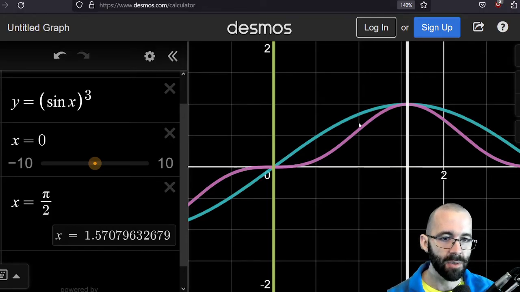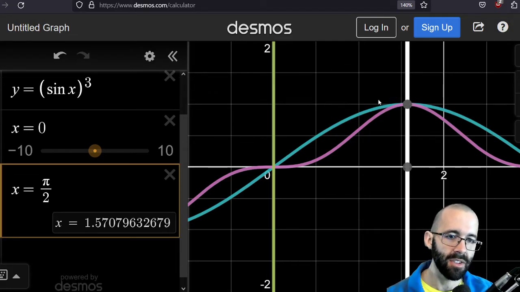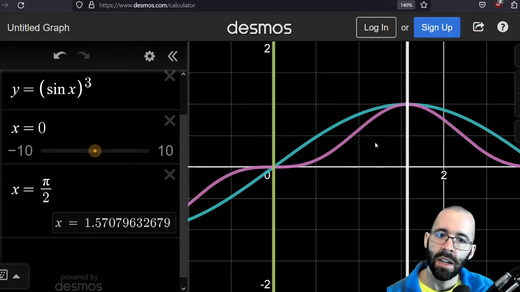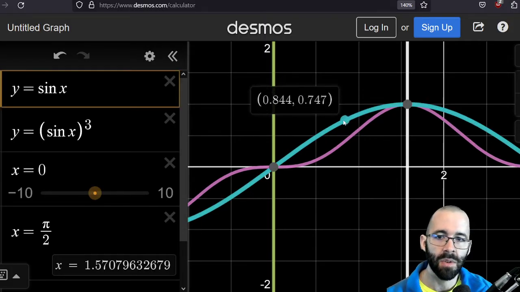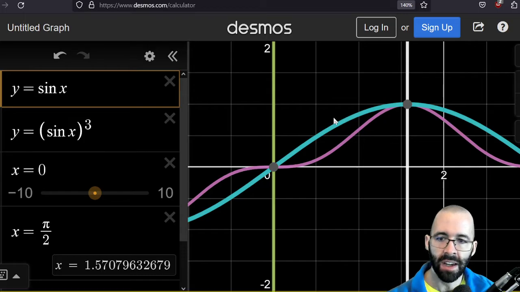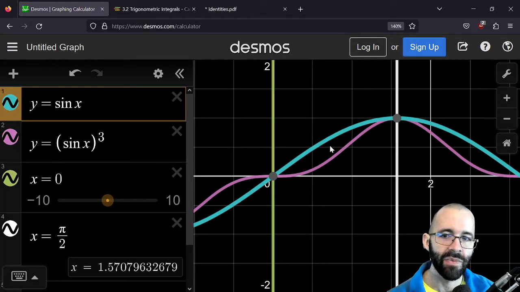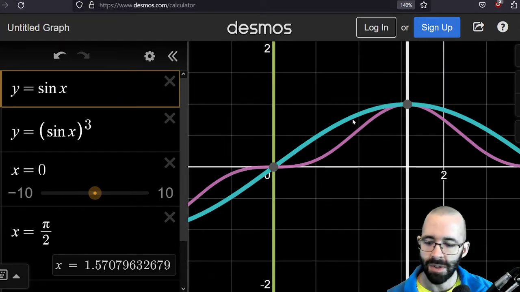And it's going to be this region right here. Actually, these vertical lines are not really that useful. And we're finding the area. So the area is just going to be the integral of top minus bottom. So top is sine. Again, if I zoom out, you can see it. Top is sine, so it'll be the integral of sine minus sine cubed.